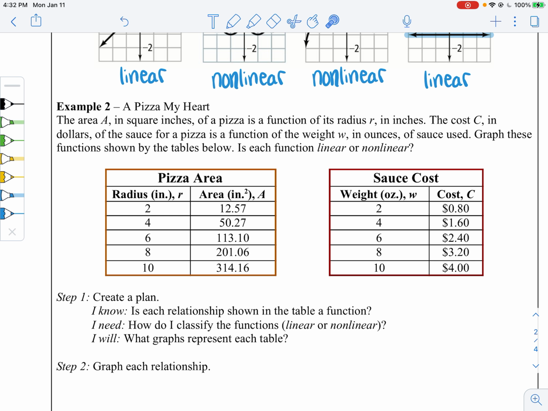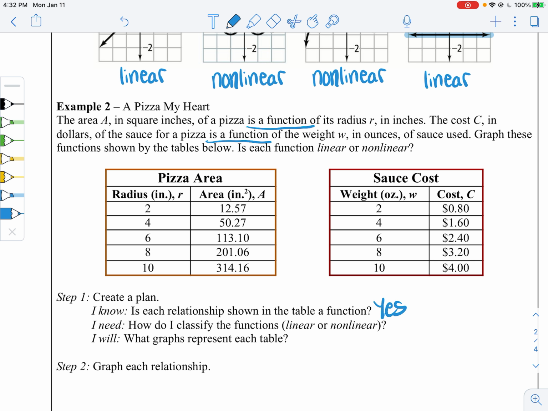Is each function linear or is it non-linear? Okay. Well, is each relationship shown in the table a function? Well, it literally says it is a function, and it is a function. So yes, because the instructions tell us, they are both functions.